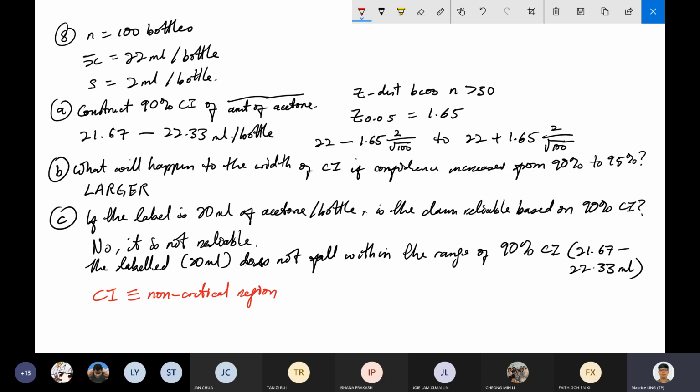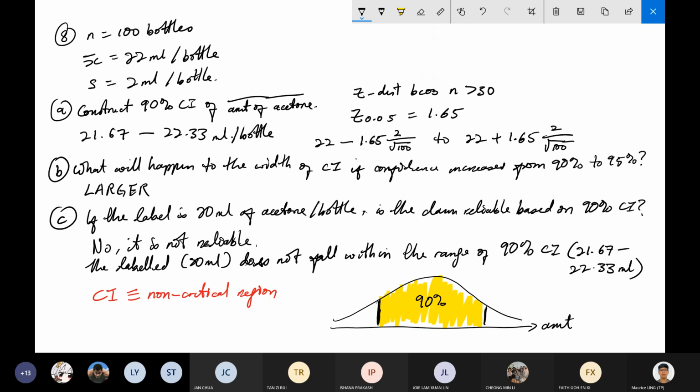Let's say you draw this as your 90% confidence interval, and here you have 21.67 to 22.33.